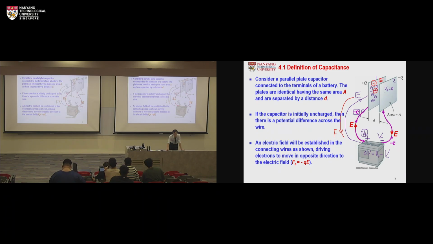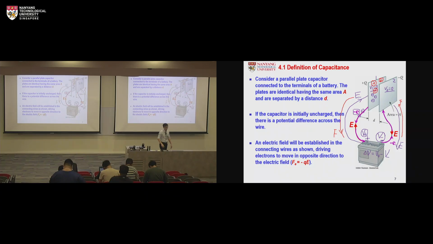Now for plate 2, initially here is 0 potential, here is negative potential. So now it becomes high potential here, low potential here. So you will have this E along this direction, and the electrical force is going to be along this direction. Again, we are only talking about electrons, which carry a negative charge.